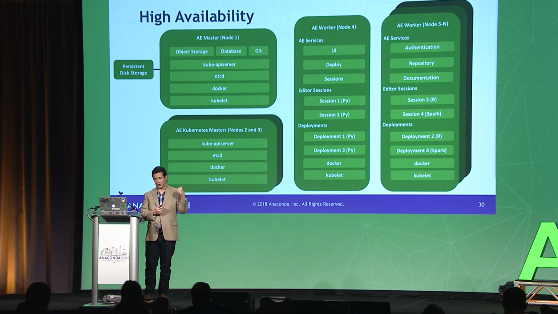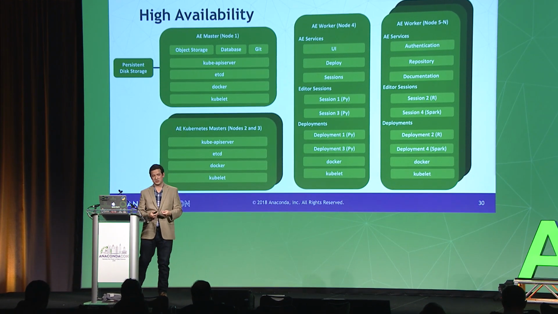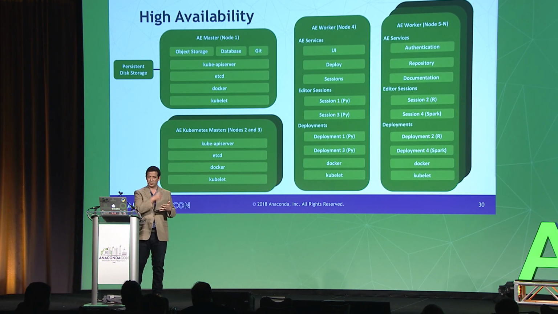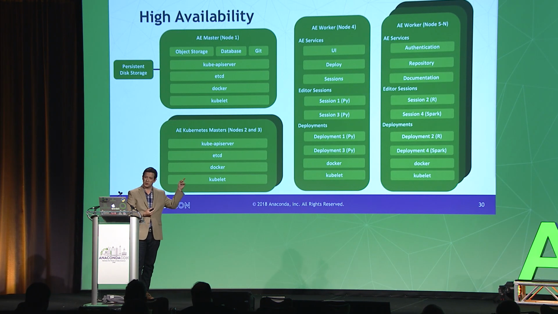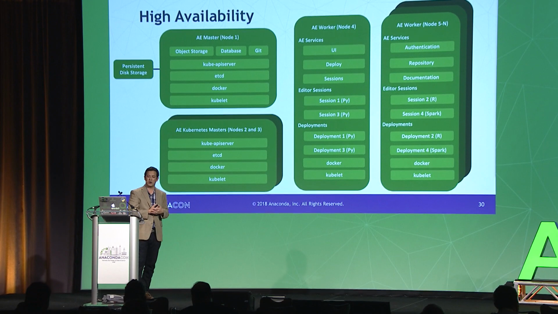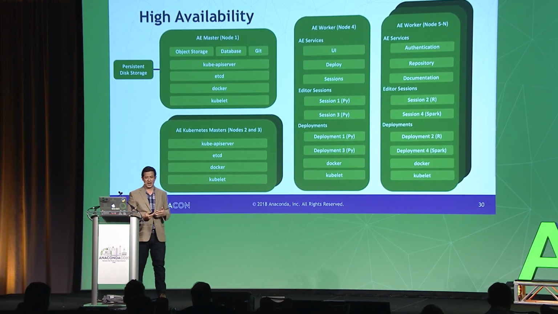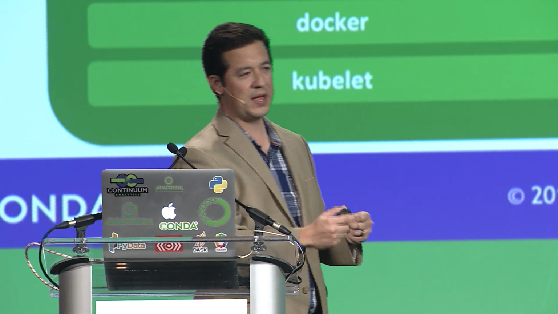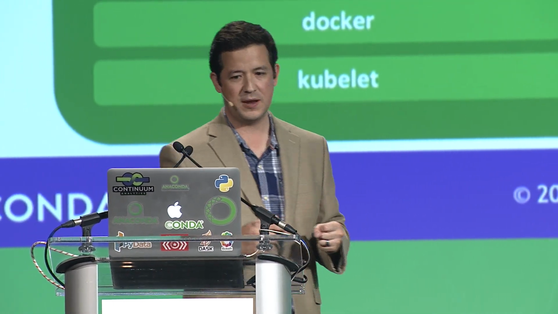So what I'm showing here happens out of the box when you install Anaconda Enterprise on n number of nodes. The first one is the master. This is the persistent disk storage where we're doing all of our backups for a warm failover. And nodes 2 and 3 are Kubernetes masters. This means that if node 2 goes down, we'll still be able to make requests to the Kubernetes front-end API on nodes 1 or 3.